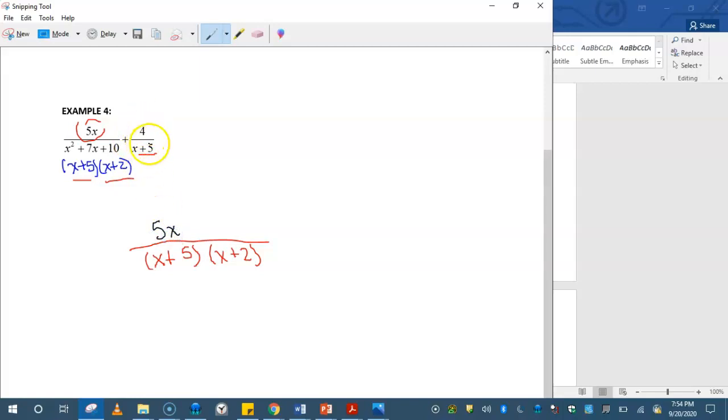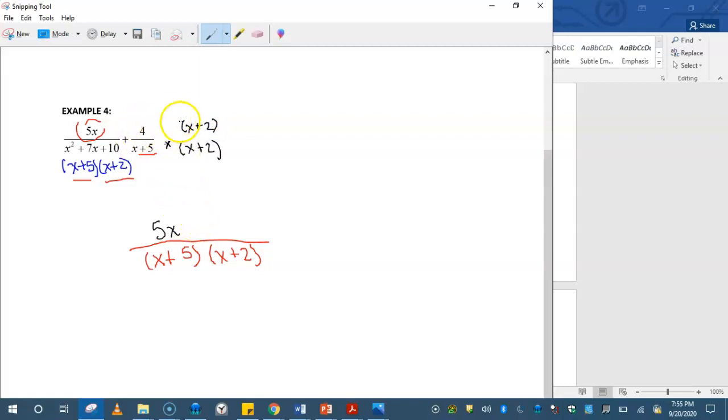Let's look at the second fraction. What's missing? Well, it has the x plus 5, but it does not have the x plus 2, right? So that means I'm going to multiply both numerator and denominator by the missing x plus 2, okay?